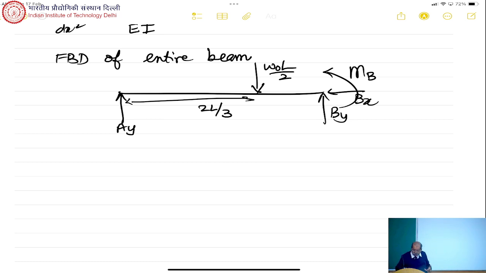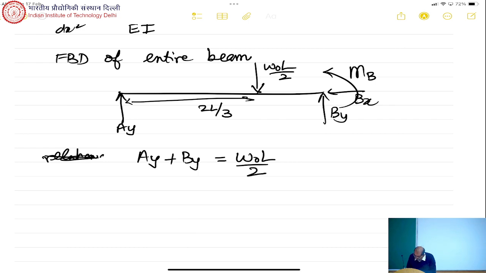So now I can get a relation. This will tell us AY plus BY is equal to W0 L by 2. BX is 0.